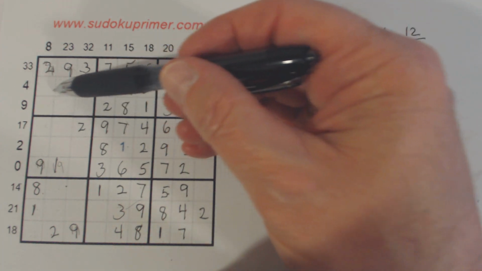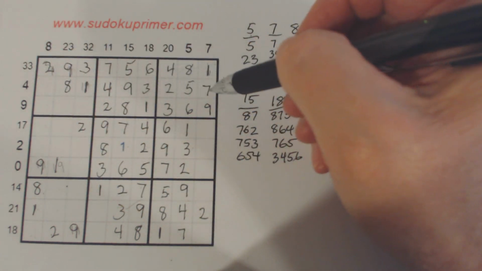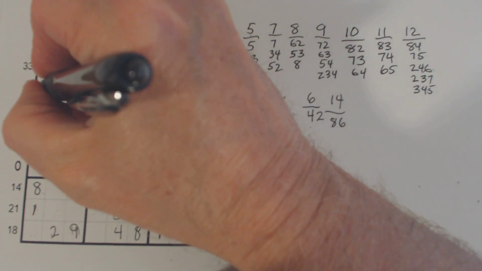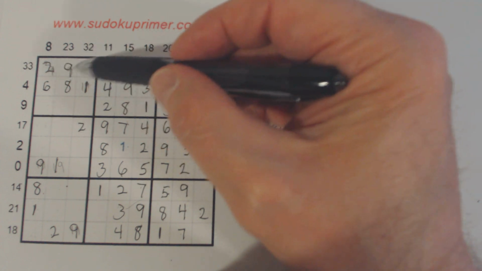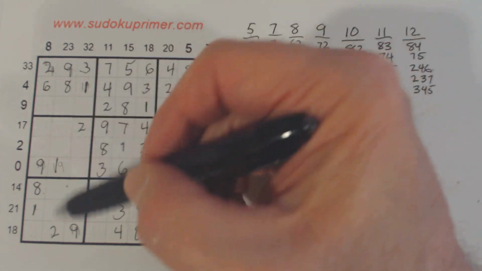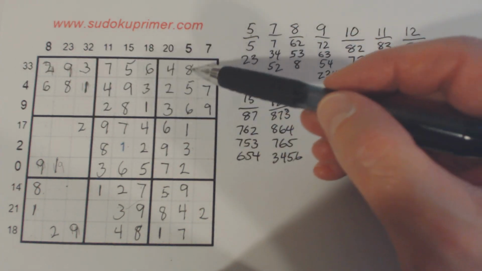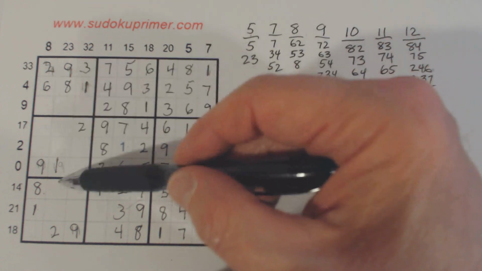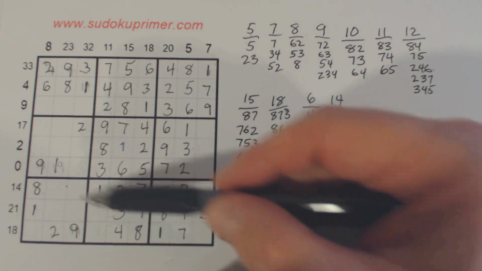8s, here's an 8, and so 6 goes there. Okay, so what do we have left here? 4, 5, 7. Can't do those. Okay, so we'll continue on with our 8s. So that's, oh, there's an 8 there.